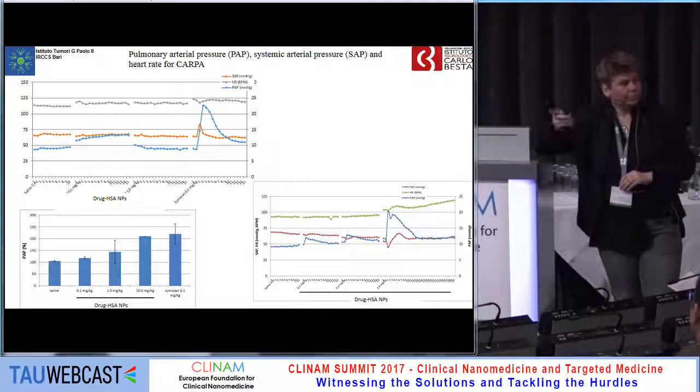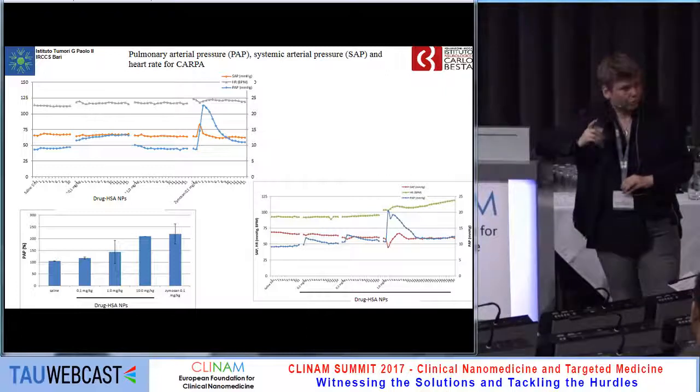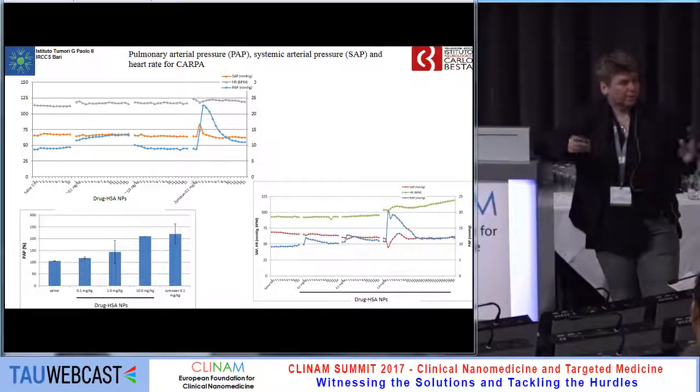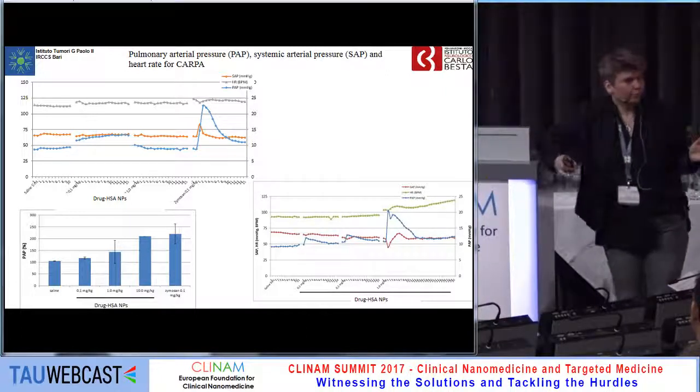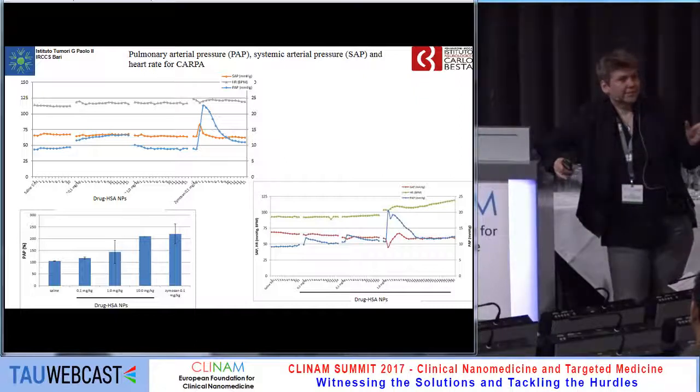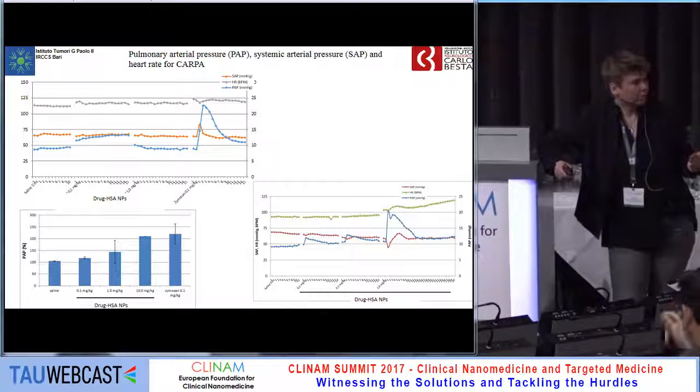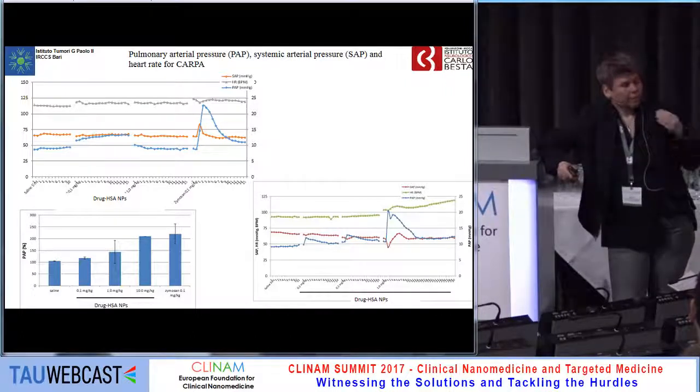So be very, very careful about your conditions, because the main problem when you're testing for kappa is that you can only inject a certain amount in a bolus injection. So if you want to go for a very high particle concentration, because perhaps you have a very low drug loading, you will have to increase the amount.